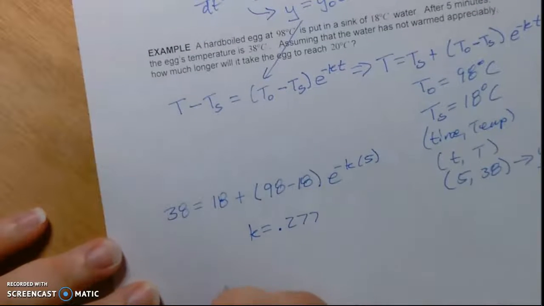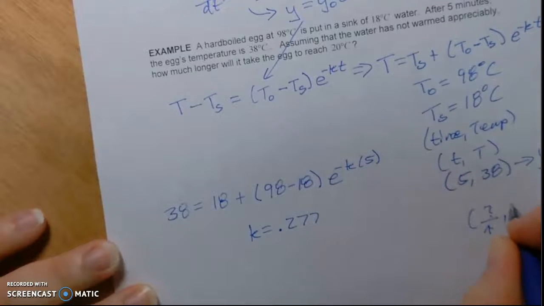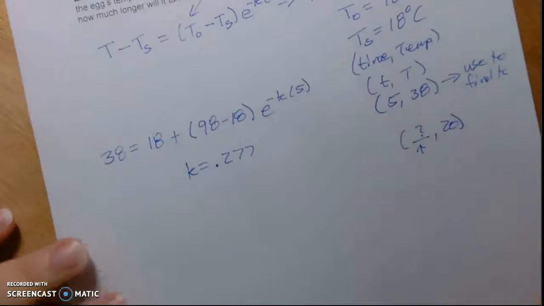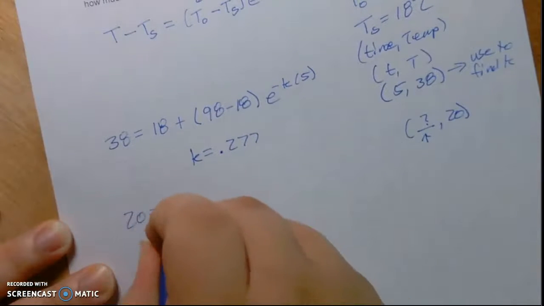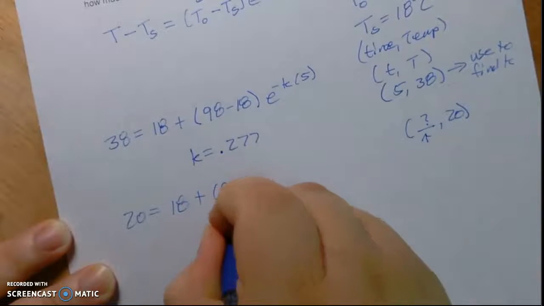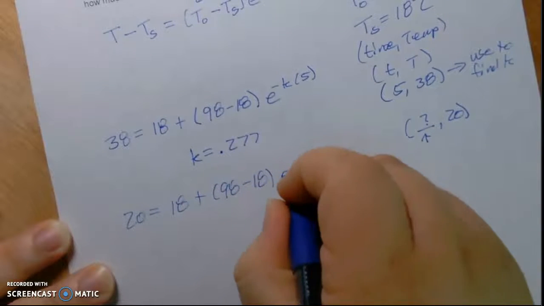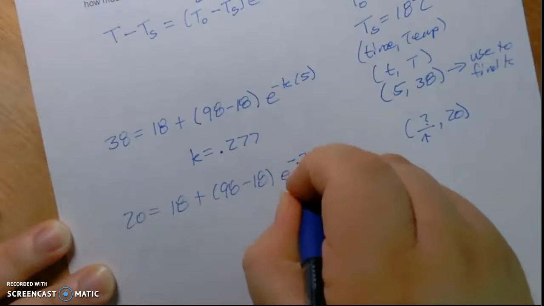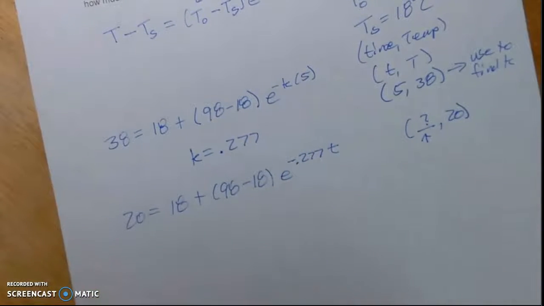Okay, so we have our next point. We're looking for the time when it reaches 20 degrees. So when it reaches 20 degrees, we still have our surrounding temperature plus our initial temperature minus the surrounding temperature, e to the negative 0.277 t, because we're looking for how long.